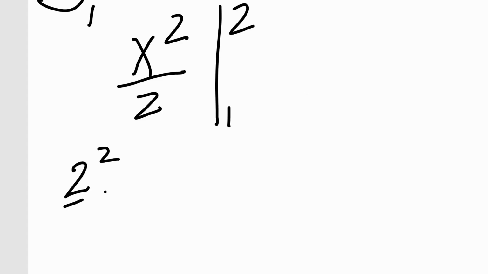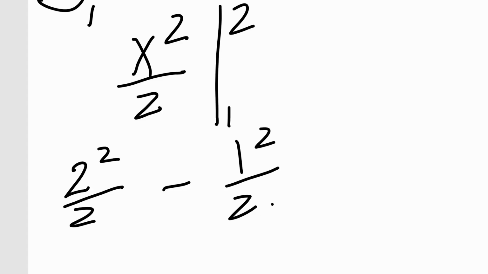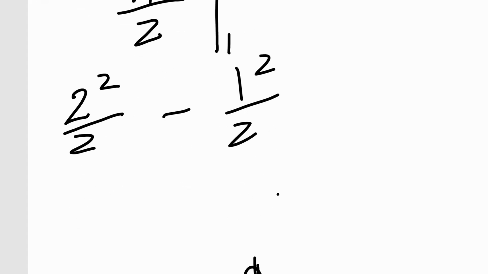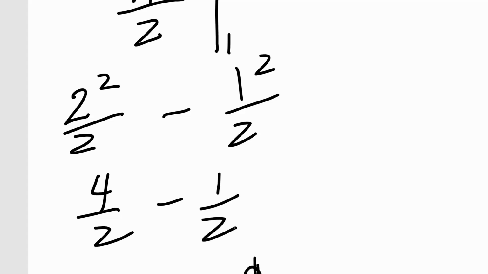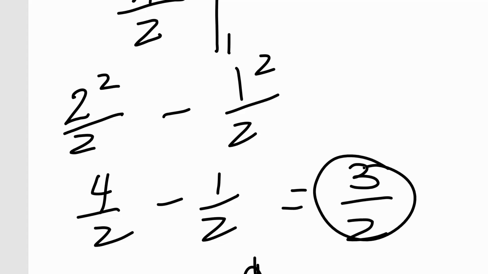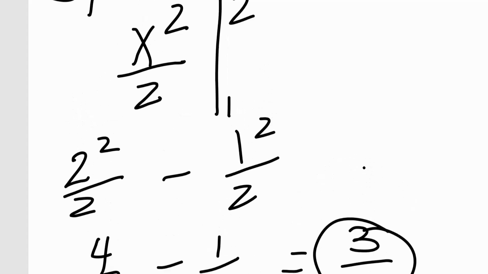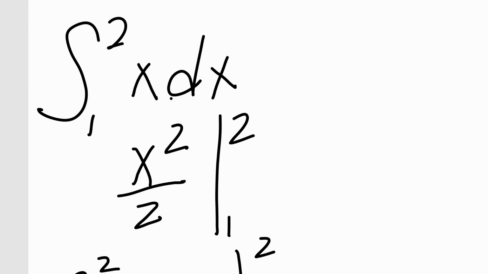So it's going to be 2 squared over 2 minus, plug in your bottom value, 1 squared over 2. Well, 2 squared is 4 over 2 minus 1 squared is 1 over 2 gives me 3 over 2. And that is the value of the integral from 1 to 2 of x dx.